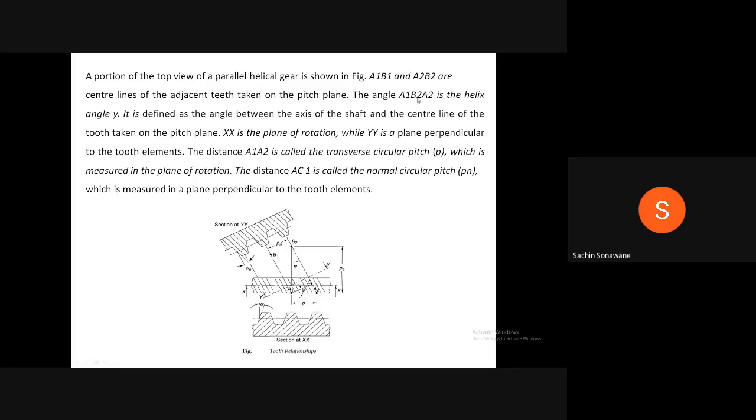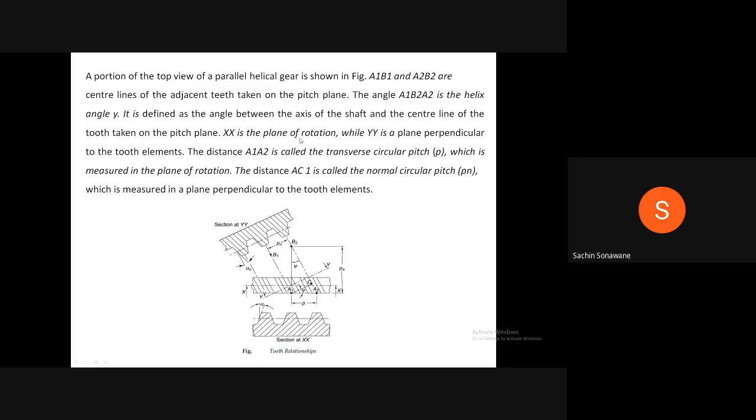The angle A1B2A2, just here, is known as helix angle psi. It is defined as the angle between the axis of the shaft and the center line of the tooth taken on the pitch plane.